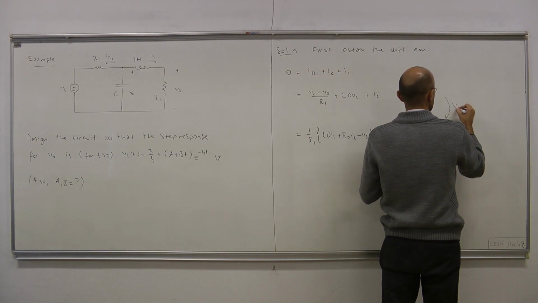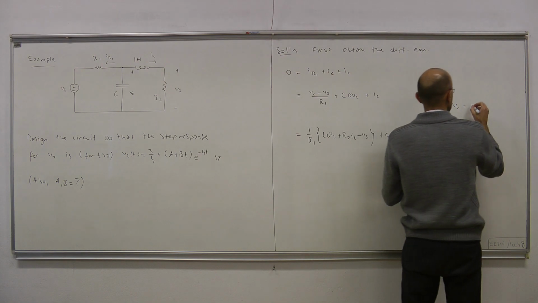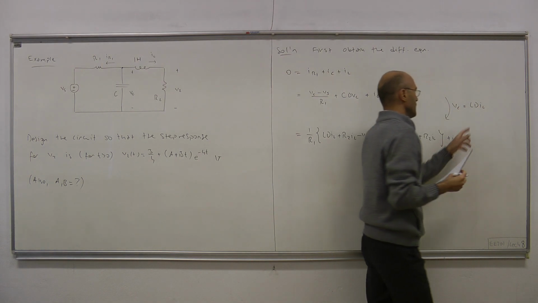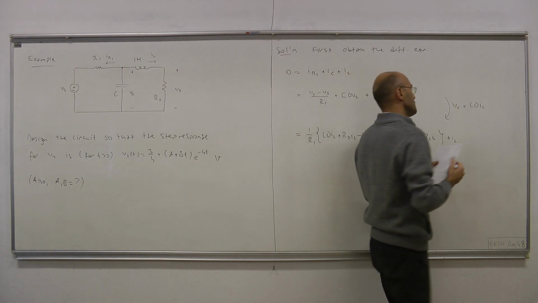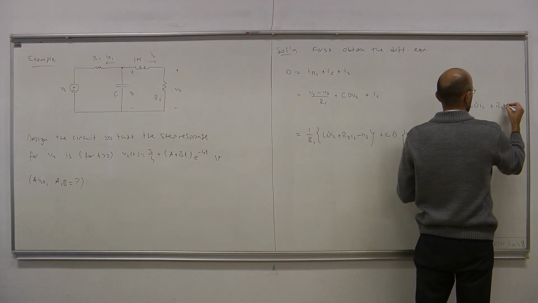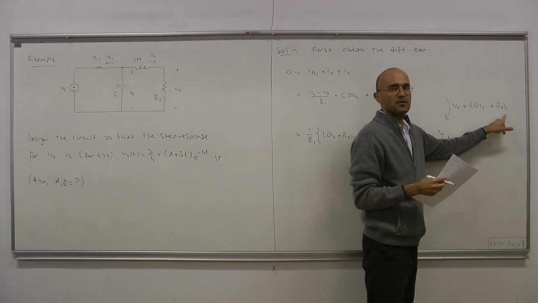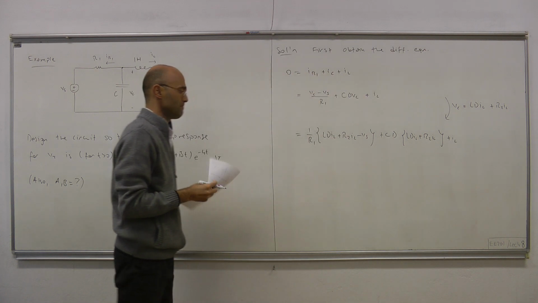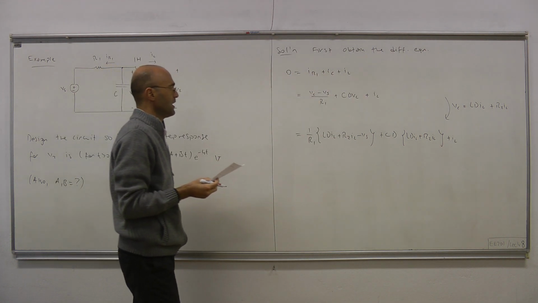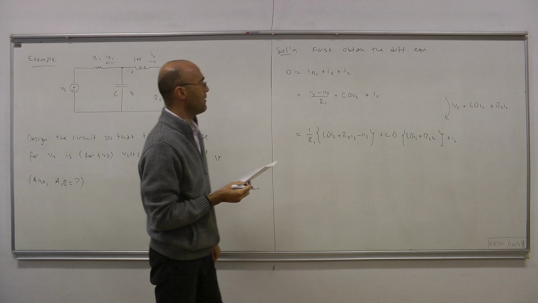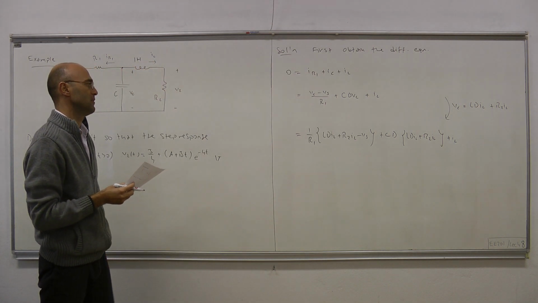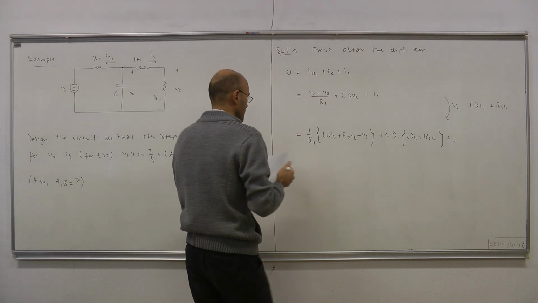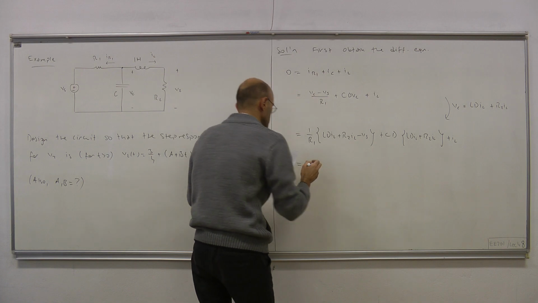So what we use is the fact that Vc equals the inductor voltage plus the voltage of the second resistor, R2 IL. Now, the nice thing about this line is that now everything is in terms of the inductor current. So let's reorganize the terms.